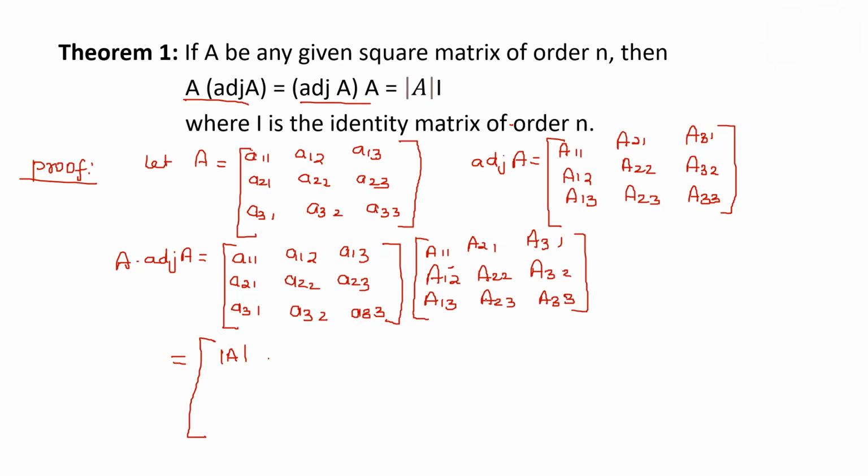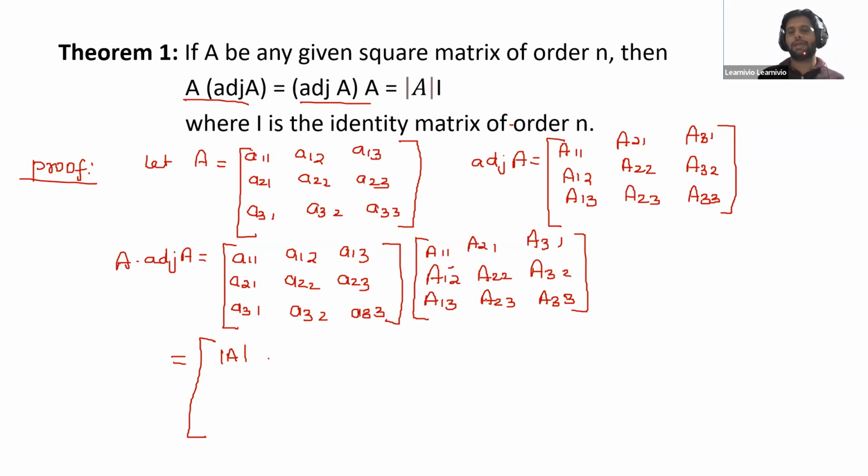Please check the note. The first note was that if you multiply any element with its corresponding cofactor, you get the determinant.